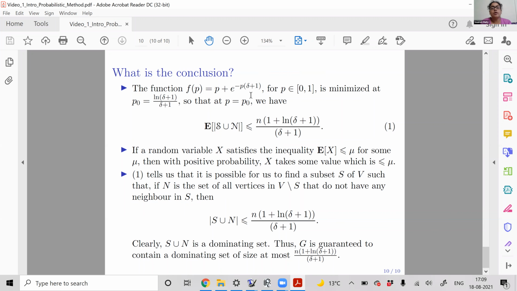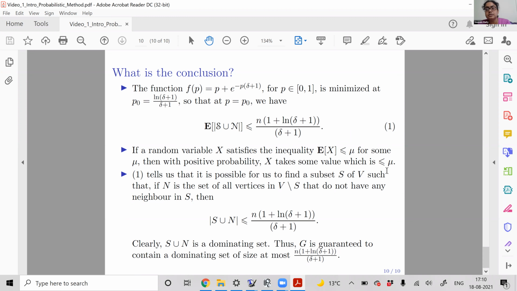So we have gotten this upper bound, and now we'll have to draw the final conclusion, which is as follows. First of all, there is this generic fact about expectation that you have obviously seen: if you take a random variable capital X and it satisfies the inequality that the expectation of capital X is less than or equal to mu, where mu is some real number, then with positive probability, X has to take some value which is less than or equal to mu.